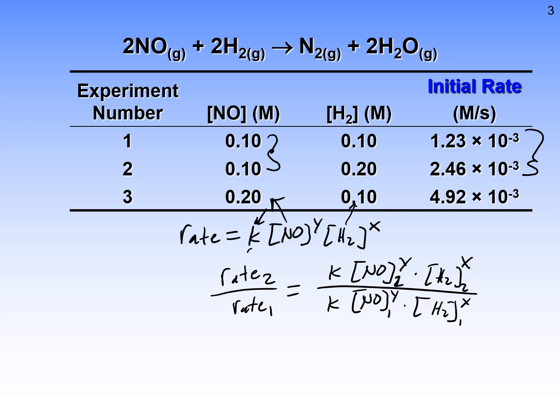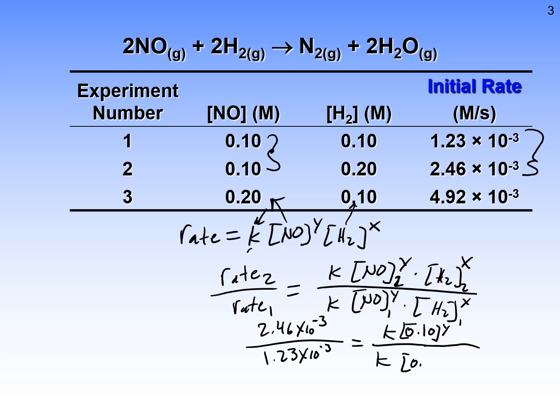So I have 2.46 times 10 to the negative 3 divided by 1.23 times 10 to the negative 3 is equal to K over K times the concentration of NO, which is 0.10 molar to the power of Y, over 0.10 to the power of Y, times 0.20 to the power of X, over 0.10 to the power of X.